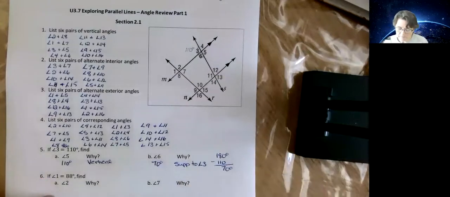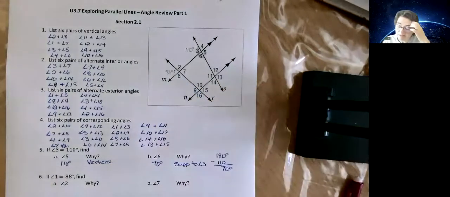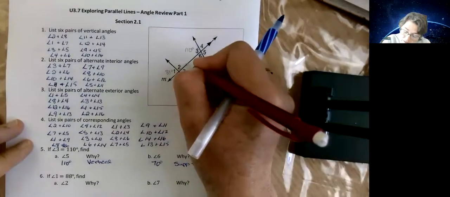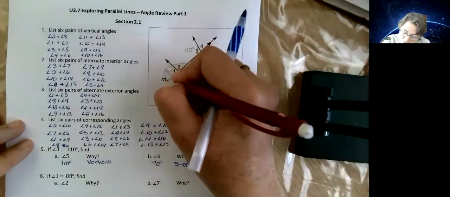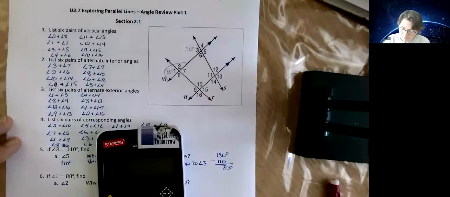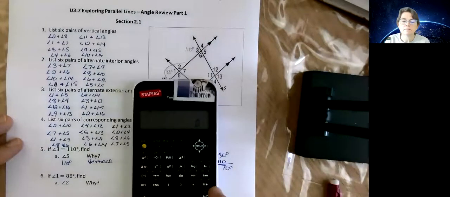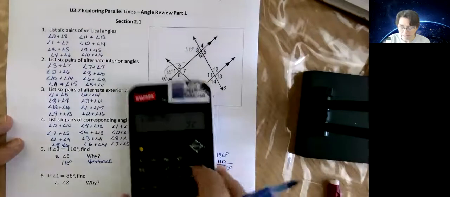All right, so if angle 1 is 88 degrees, what is angle 2? Well, angle 1 and 2 are supplementary again. You got that nice semicircle going on there. 180 minus 88, 92 degrees.